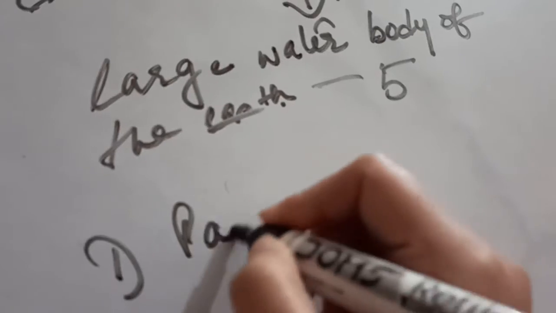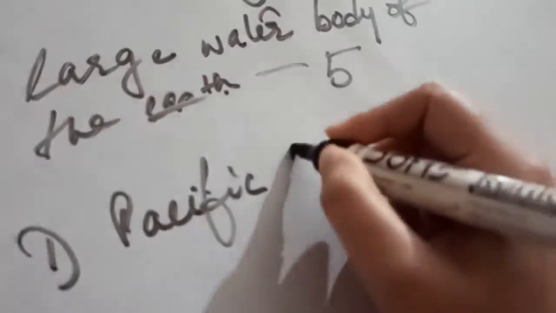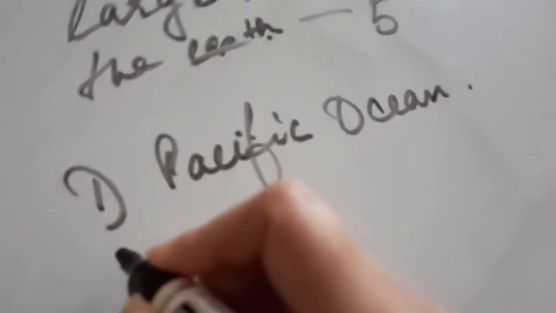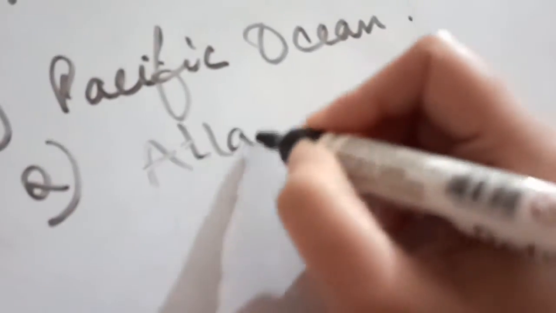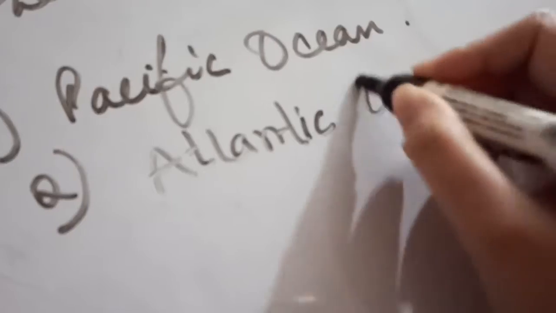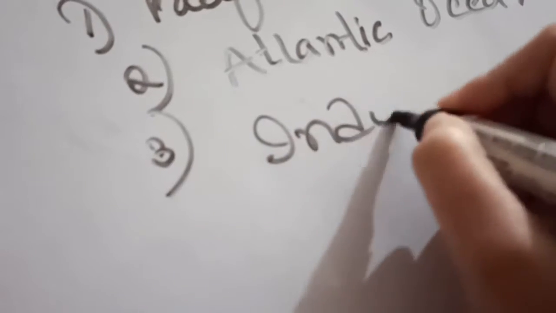We basically have five major oceans. Number one is the Pacific Ocean. It is by far the largest ocean amongst all of these. Then the second is the Atlantic Ocean. Next, the Indian Ocean.